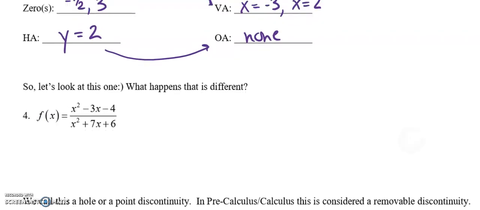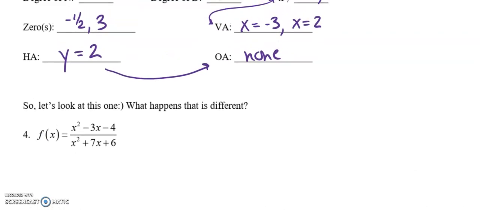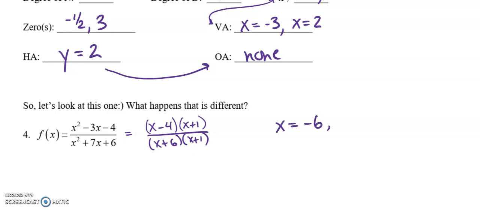And here is the special case. So if we look at this one and we factor it, we get x minus 4 times x plus 1 over, in the bottom we'll get x plus 6 and an x plus 1. Okay, so what values make this function undefined, where the denominator is equal to 0? At -6 and -1.